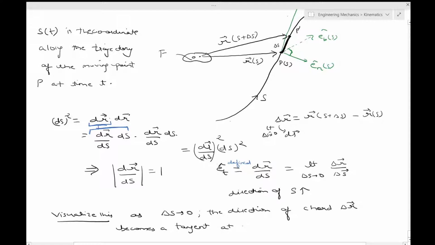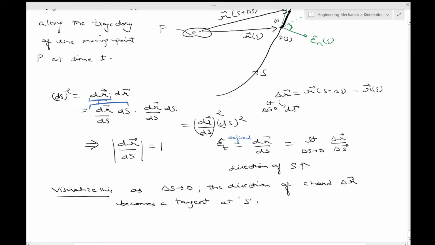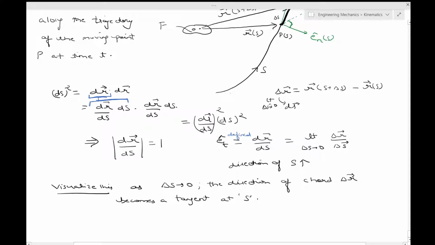At where? At S, right? At this point P, where P is. So at that particular path coordinate S, this becomes tangent in the limit when delta S tends to 0.